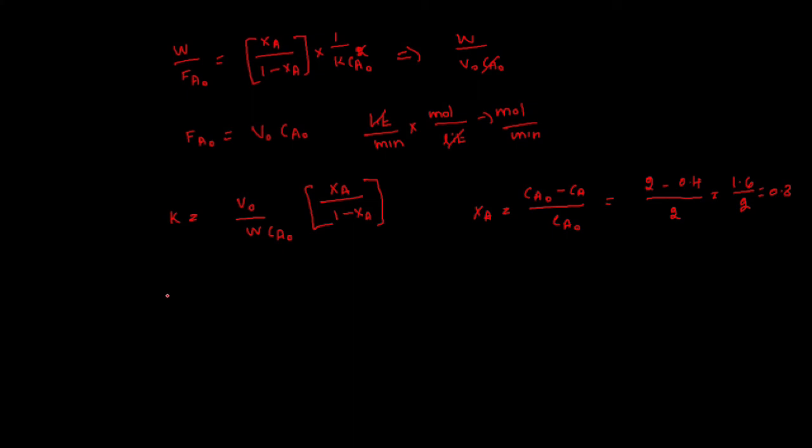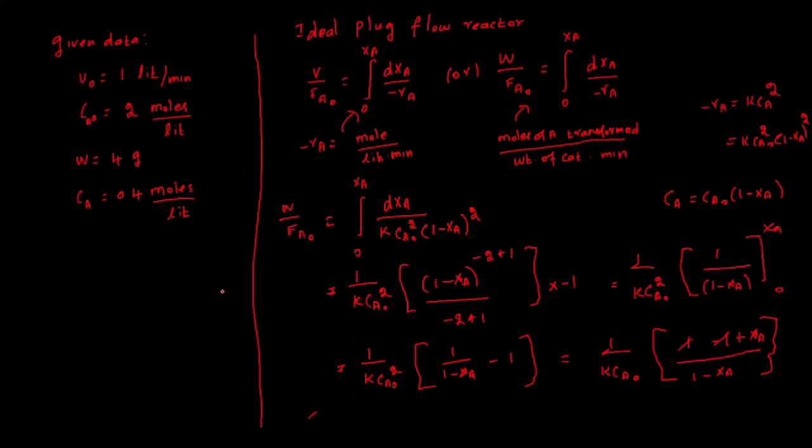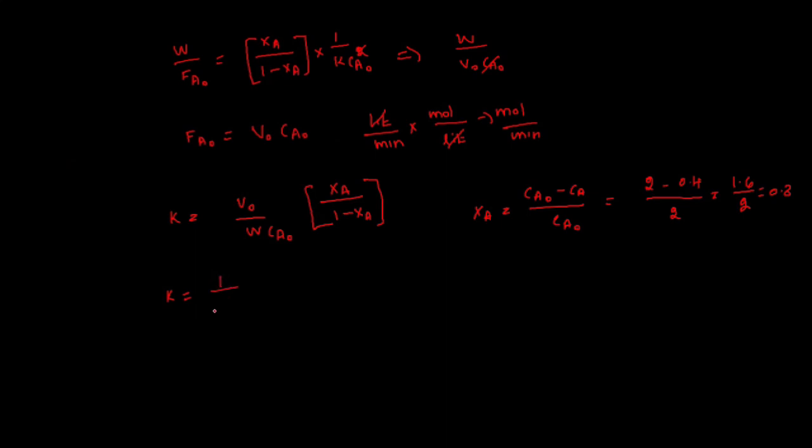Let me substitute here, k is equal to V naught, given as 1 liter per minute, 1 divided by 4 gram of catalyst, Ca naught is 2, 0.8 divided by 1 minus 0.8.